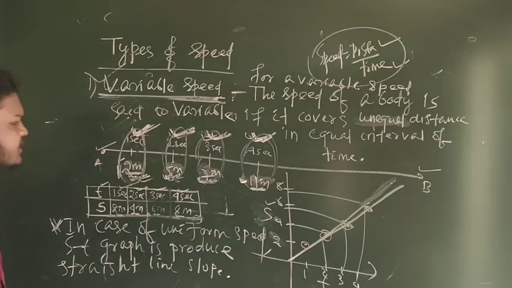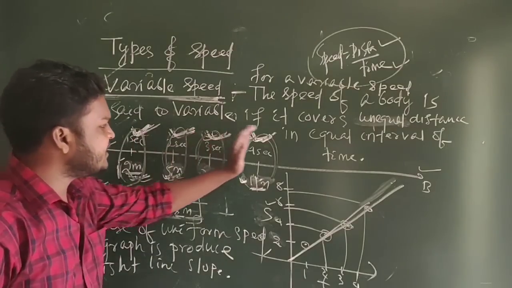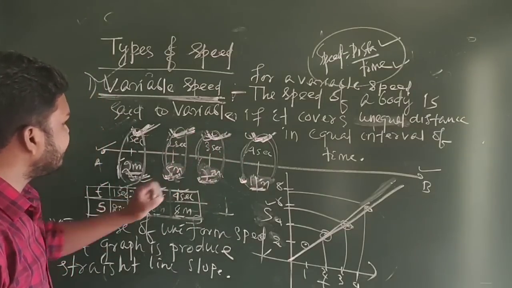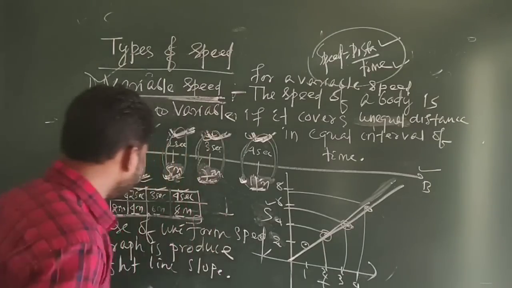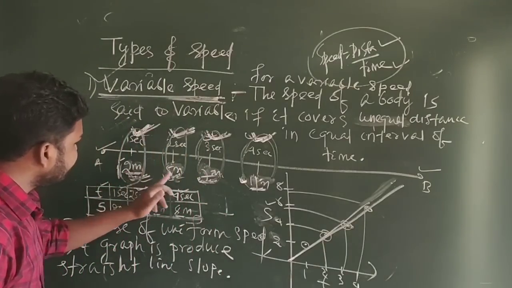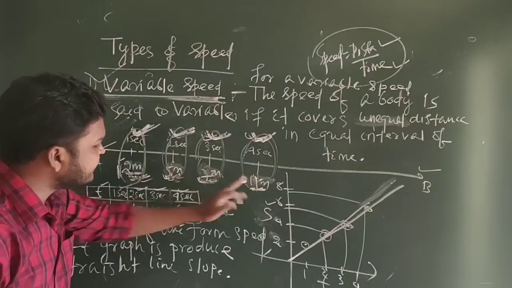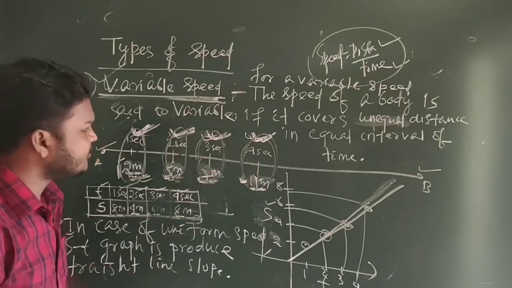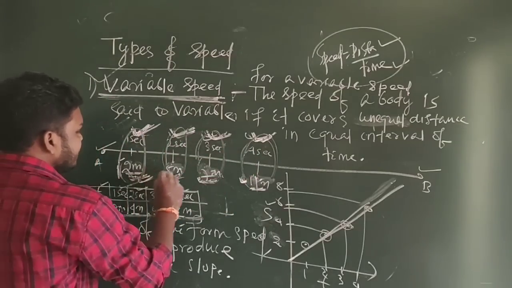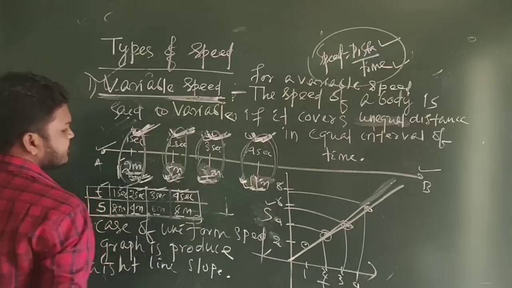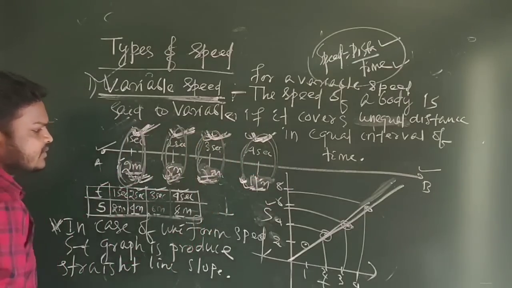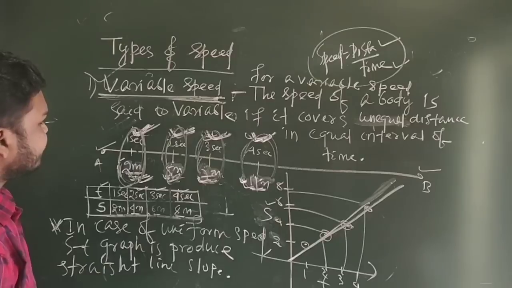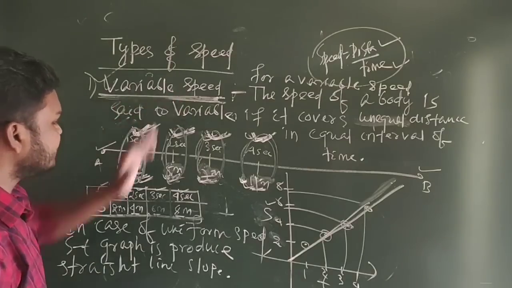So, clearly understood. If the magnitude of speed is variable at every point, then the speed is said to be variable speed. It actually happens when the body covers unequal distances in equal interval of time. So it is called variable speed.